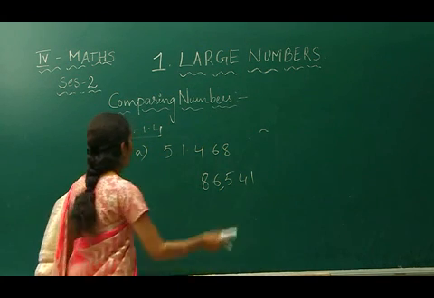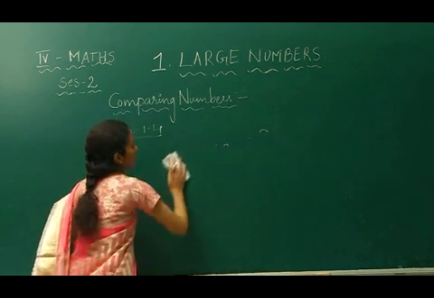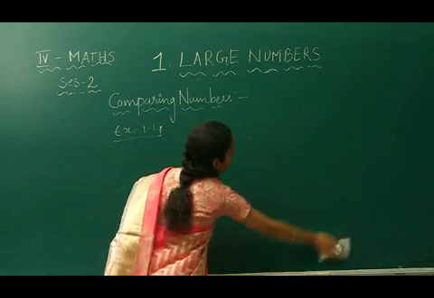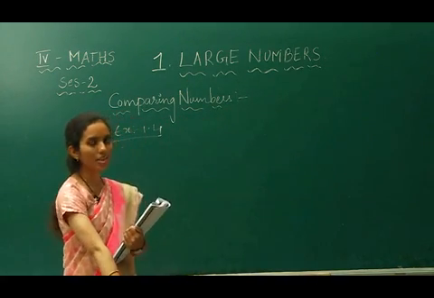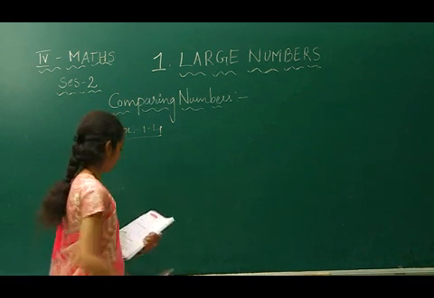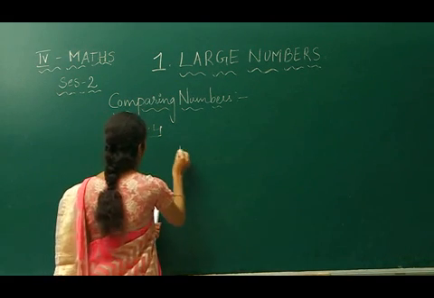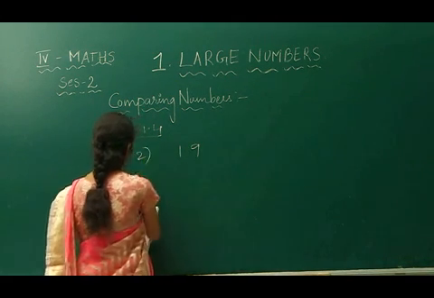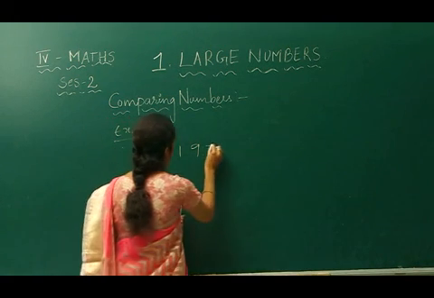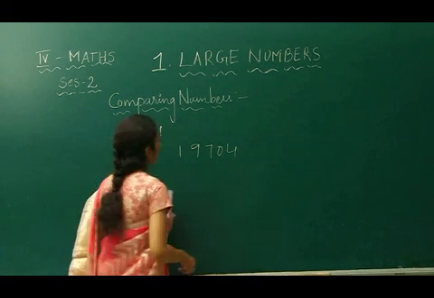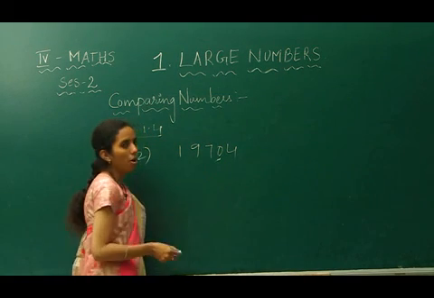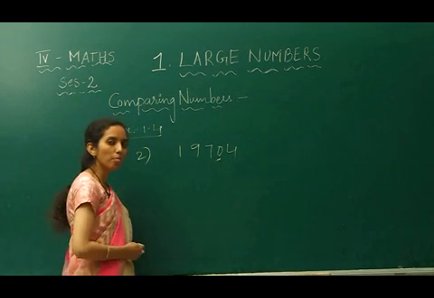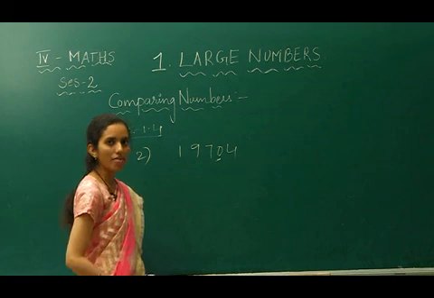And the second question is building the smallest number. So, how do we build the smallest number? By writing the numbers in ascending order. Second question: 1, 9, 7, 0, 4. So, here the smallest digit is 0, but 0 in the extreme left position does not have any value.